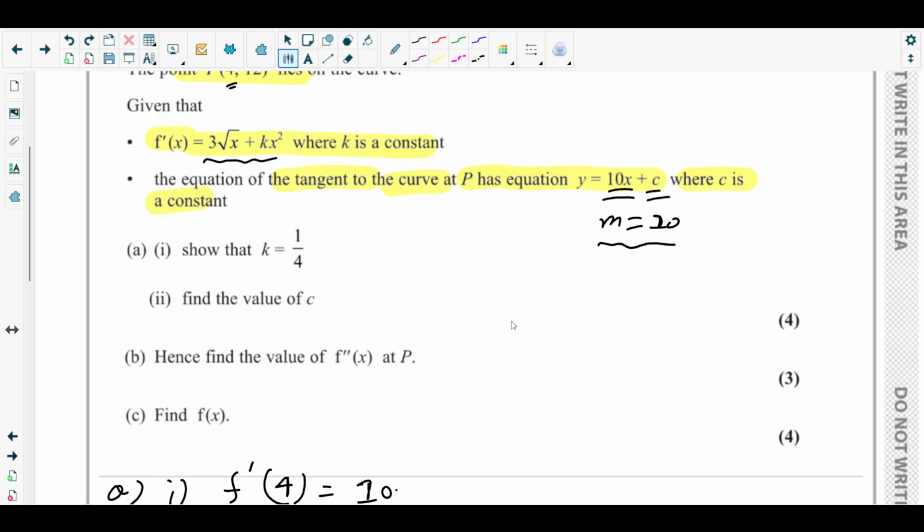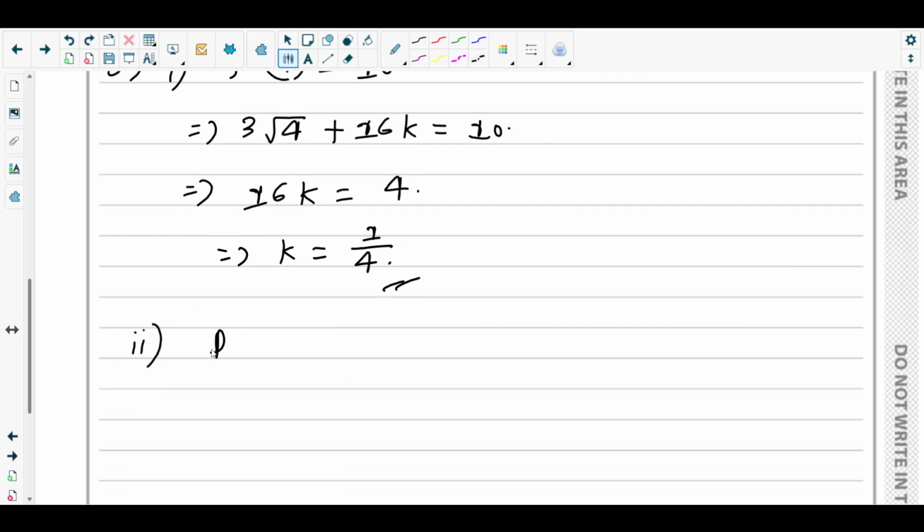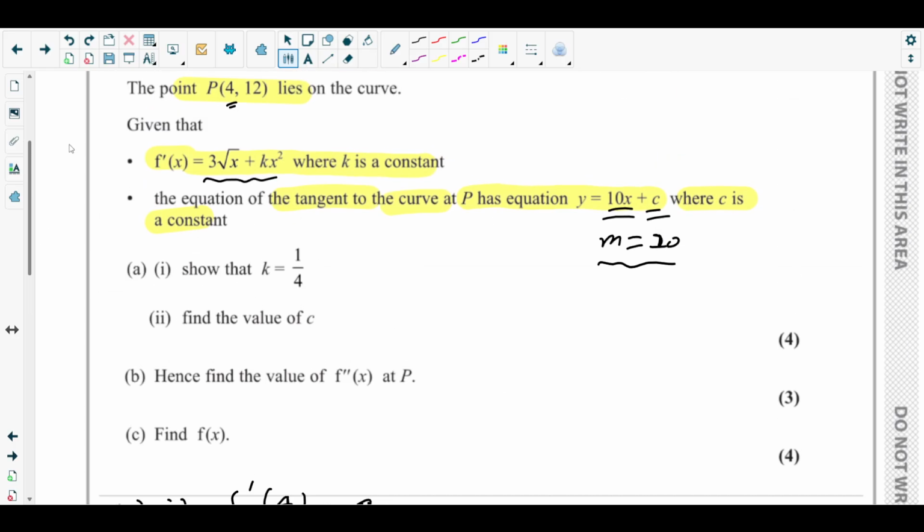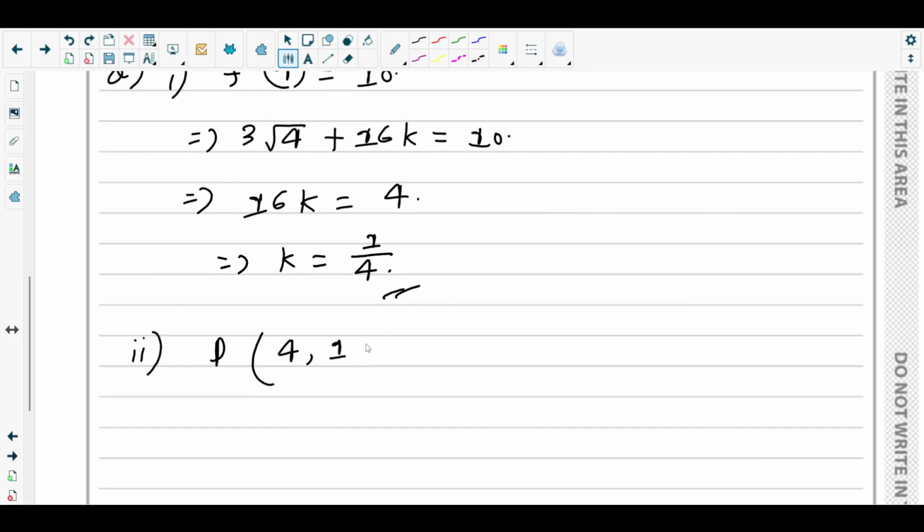We know the coordinates of the point P. Point P has coordinates 4, 10, right? 4, 12, sorry. It's 4, 12.